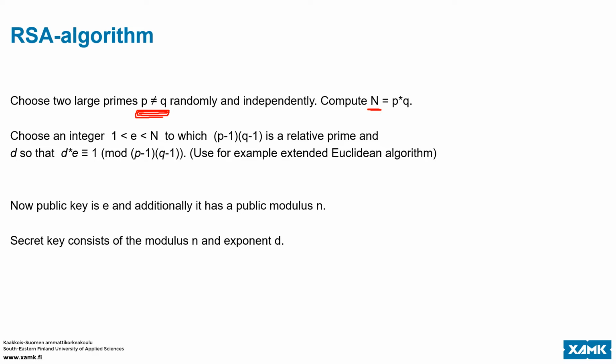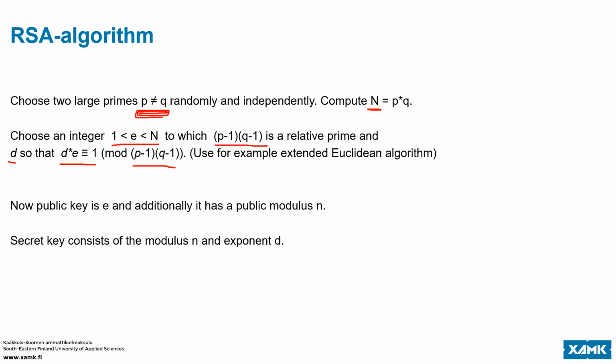Then we choose some integer e, which is between 1 and n, to which (p minus 1)(q minus 1) is relatively prime, and another integer d, so that d times e is congruent to 1 modulo (p minus 1)(q minus 1), where p and q are primes. There is an algorithm called the extended Euclidean algorithm that will help you figure out the correct numbers.